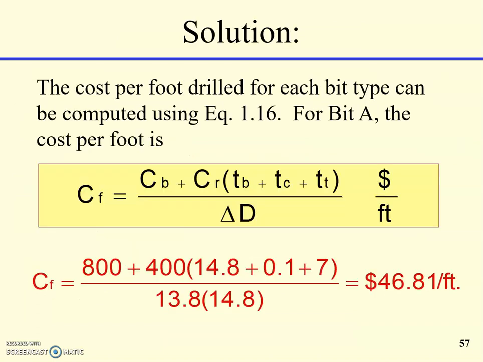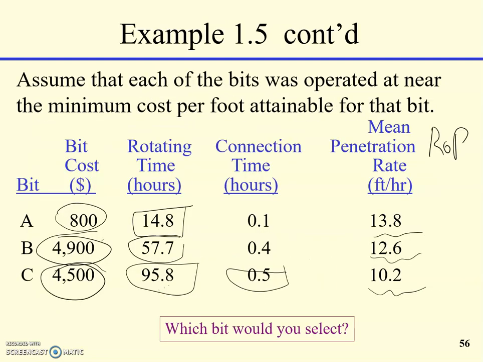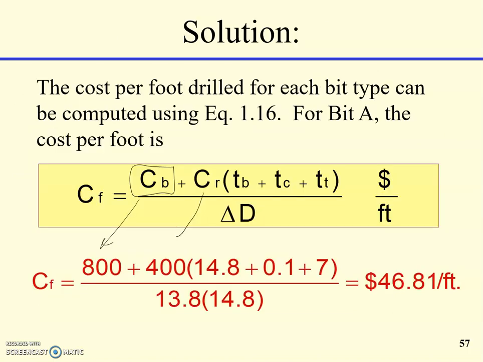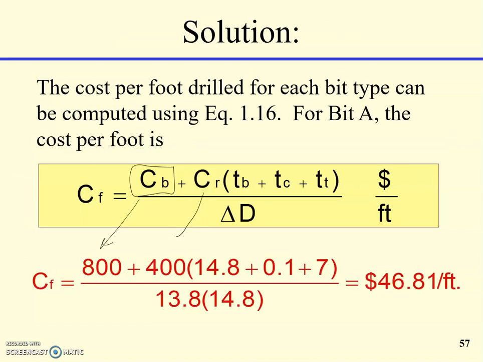So if we do the calculation for this bit, the simple equation, cost per feet, this is the rig cost. It was $800 per hour. So cost of the, am I correct? No, that's the cost of the bit, the first bit, sorry. Yeah, that's $800, and then the rig cost was $400 per hour, so that's $400. Connection time, the total rotating time 14 hours for the first drill bit. You can see 14.8.